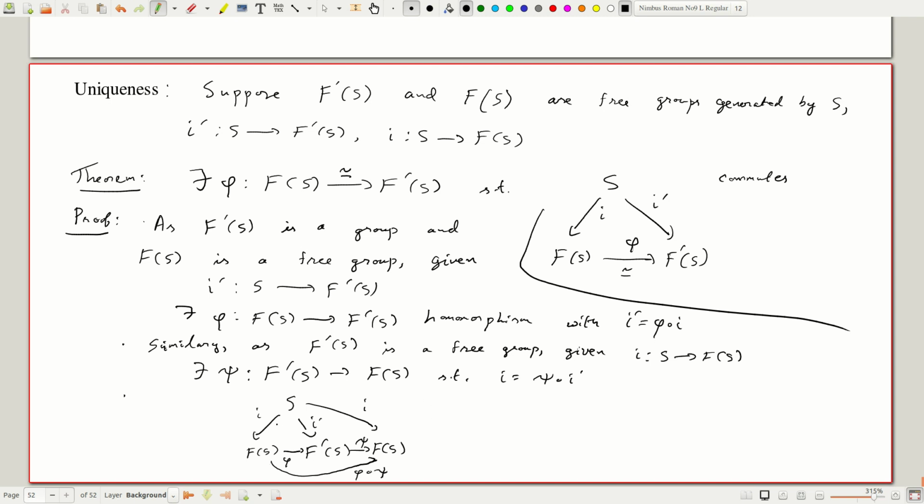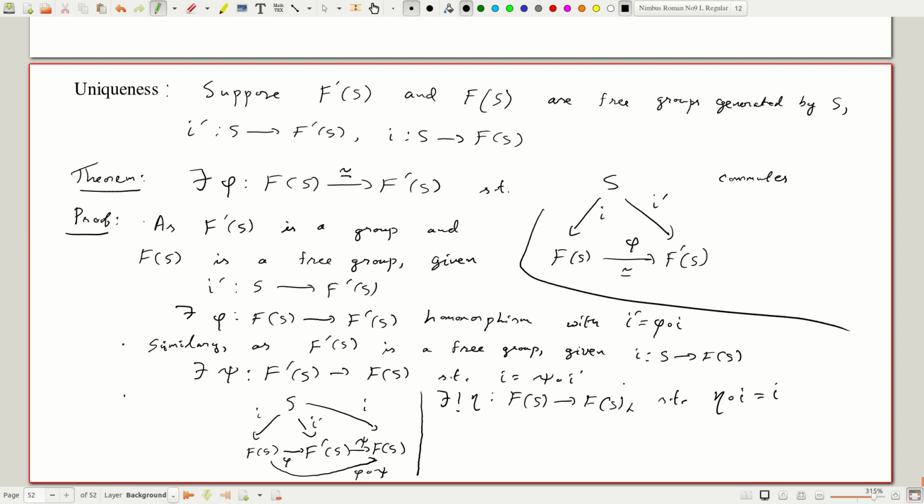Now the left hand side is a free group and the right hand side is a free group itself. That is, F of S is a free group and F of S is a free group. So there exists a unique homomorphism, let's call it eta, which maps F of S to F of S. Now I'm treating F of S as a group, such that eta composed with I is I. That is the universal property. This time I'm taking F of S as the target group and inclusion itself as the function.